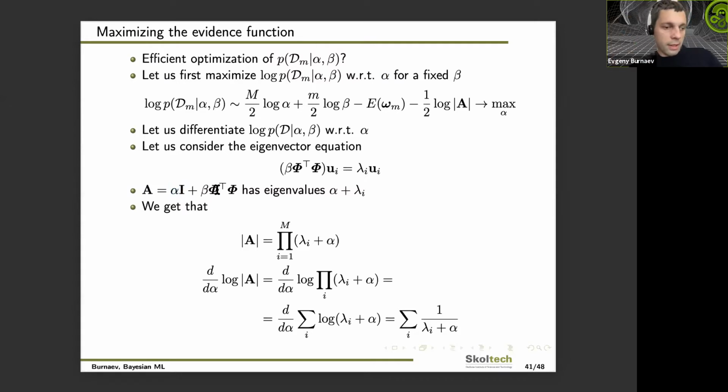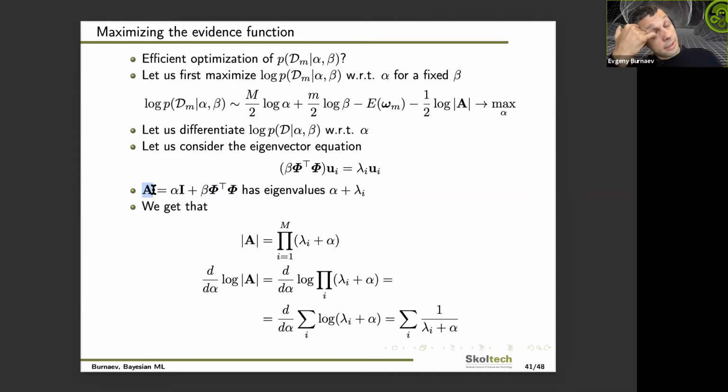Alpha to some extent depends on the numerical properties of the regression matrix. So if this regression matrix is ill-posed, alpha should be more or less big, so that the matrix A can be inverted in a numerically stable way.